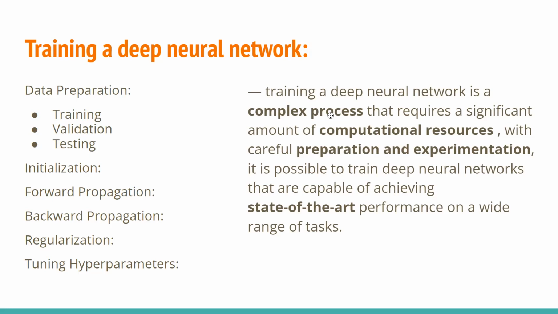Architecture in the sense, I am going to tell what these complex processes are, in detail. Now, preparation and experimentation. A lot of experimentation is required, because sometimes we thought that this data set was enough to go with the prediction.